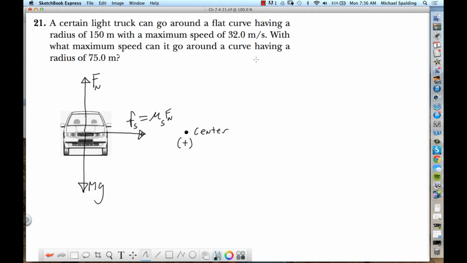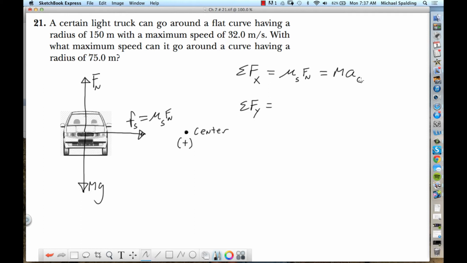Okay, so now what we do is we sum the forces. Sum the forces x, sum the forces y. So in the x direction, the only force is the static friction. So this is mu static times the normal force. Any other x forces? Nope. So what is the sum of the forces equal to? ma, but that's a centripetal, right?